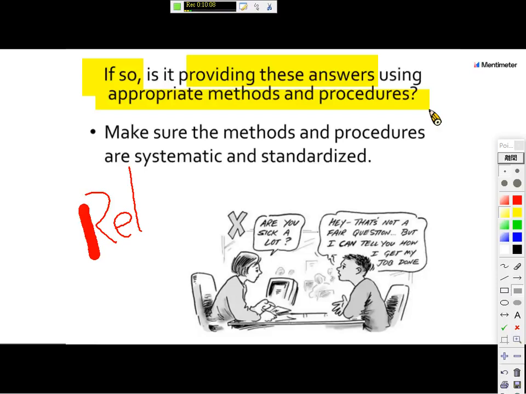So basically, how can you make sure that your measurements are reliable? You have to make sure that methods and procedures are systematic and standardized. Every process is the same. So basically, we have two issues here, validity and reliability. Validity refers to the instrument being valid to collect the data that you need to answer your research questions.